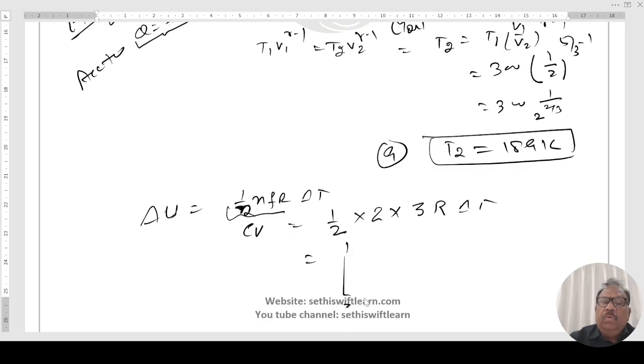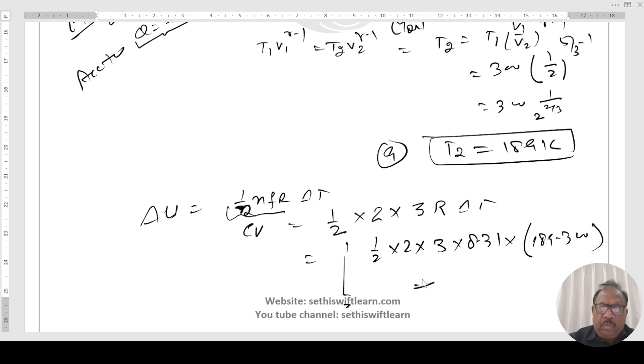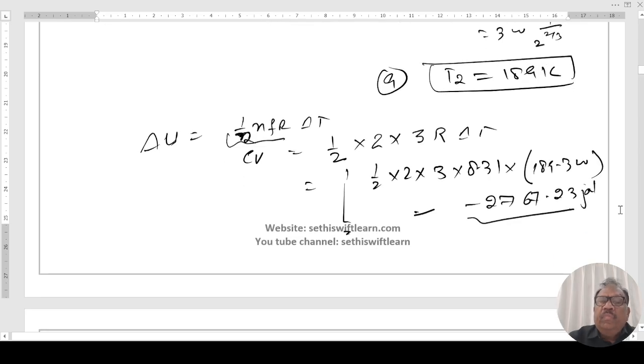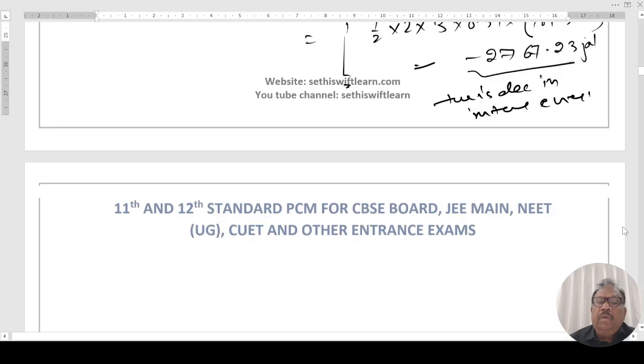So this comes out to 1 by 2 into 1 into 3 into R, that is 8.31, into delta T, final temperature minus initial temperature, 189 minus 300. On simplification, this comes out to be minus 2727.23 joule, which means there is a decrease in internal energy.